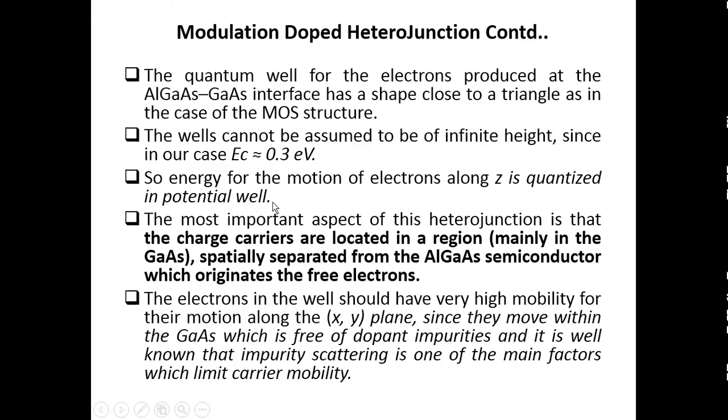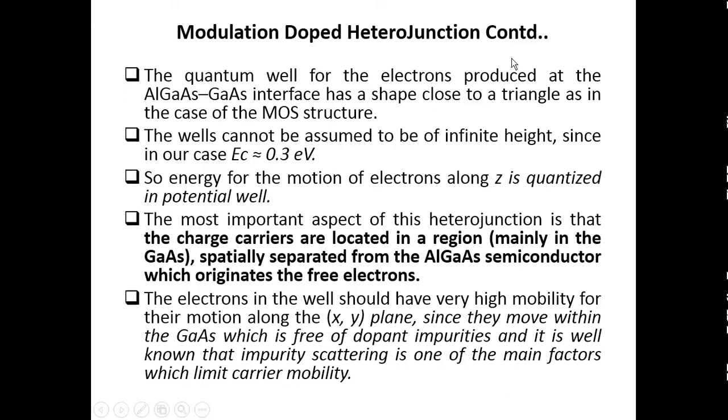In a triangular quantum well, which is a two-dimensional quantum well, that is a two-dimensional electron gas, the electron motions are confined to the xy directions and quantized in the z direction.